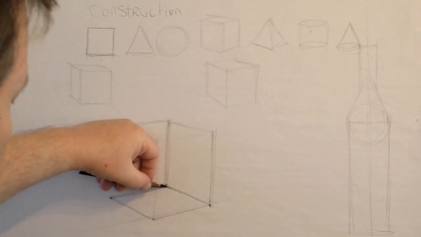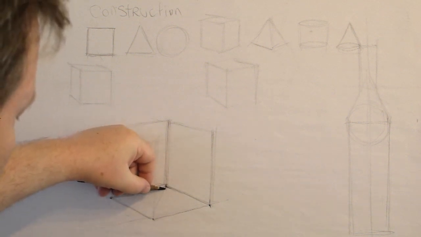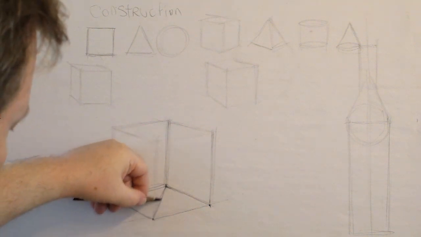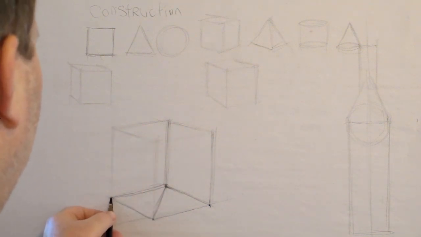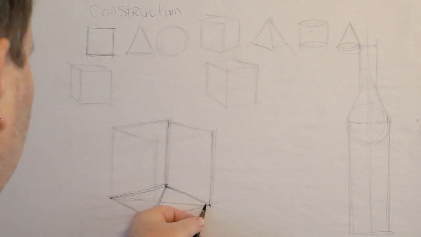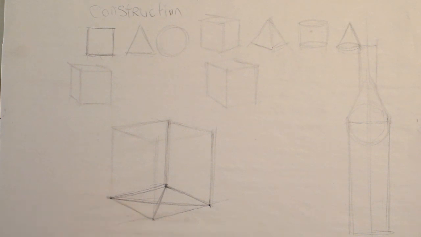Now what I'm going to do is take this and go from this corner here to that corner there. Whoops, come on. Like so. Then this corner here, to this corner there. Like so.